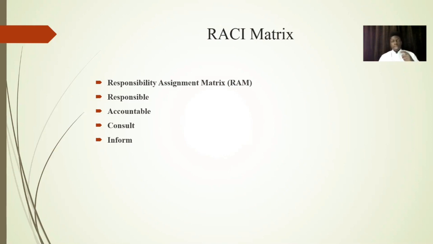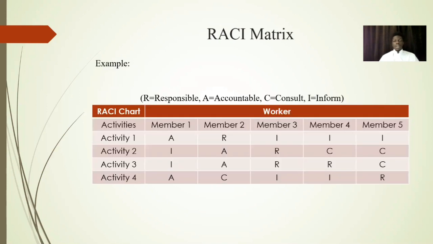The informed person will basically be informed about this task, whether it finished or started or needs some help. Okay, this is an example of the RASI matrix.